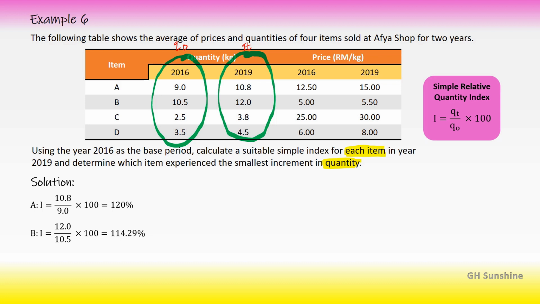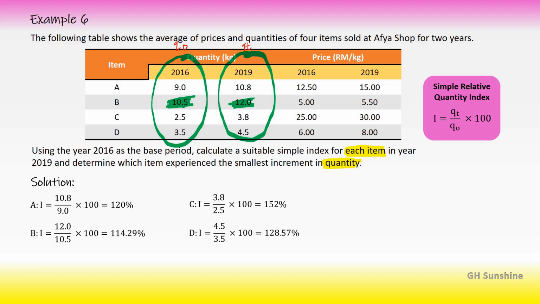Second item B, 12.0 divided by 10.5. So you got 114.29%. Third item C, 3.8 divided by 2.5 times 100, you got 152%. And last item D, substitute QT and Q naught, you got 128.57%.